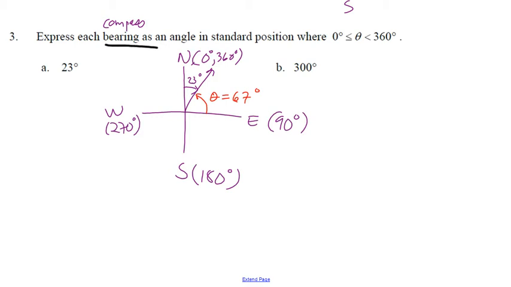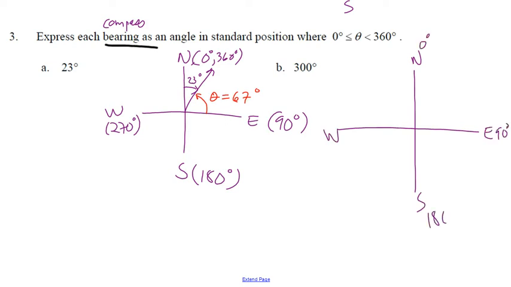One more. 300 degrees. Again, north, east, south, west: 0, 90, 180, 270. So I'm going to go 300 degrees. I have to go how far past 270? 30. Okay, so there is my bearing of 300 degrees.